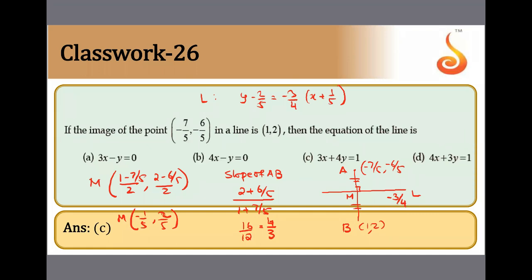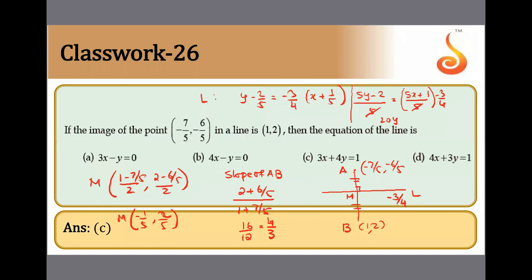So we solve it, what do we get? We get (y minus 2 by 5) equals minus 3 by 4 (x plus 1 by 5). M is the midpoint of AB. Now you can solve further; the 5s cancel. How are they perpendicular?